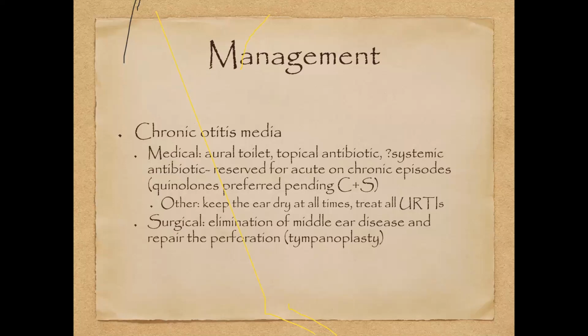That's when you surgically use maybe cigarette paper, or a fascia or a fat to close the tympanic membrane perforation. However, you have to have treated this patient for 3 months. Make sure that ear has been maintained dry.